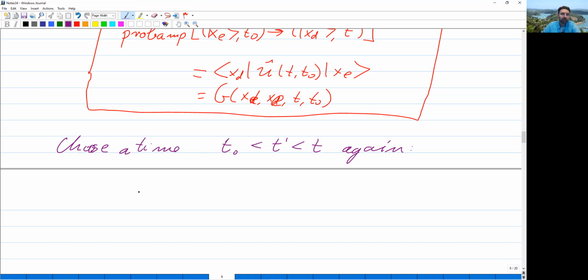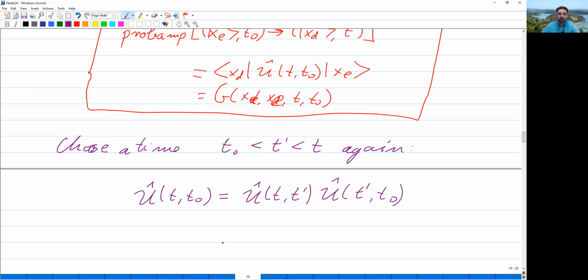Then, what can we tell on general quantum mechanical grounds? Well, we know that the time evolution operator is simply a composition of time evolution operators, right? We evolve the Schrödinger equation from here to there, and then from there to here. The time evolution operator is always compositional. So we always have that this is û(t, t prime) times û(t prime, t naught).